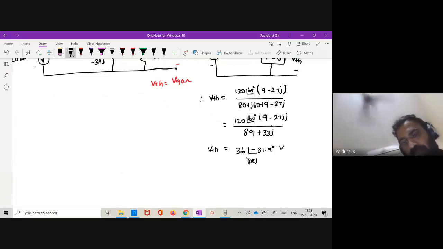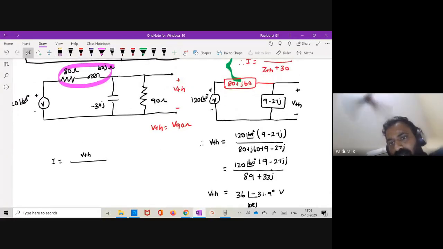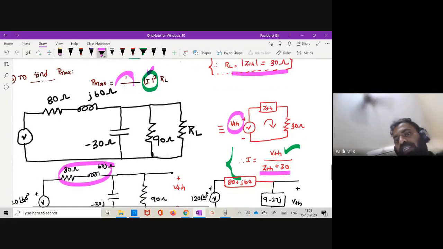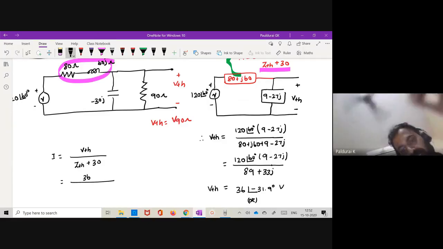But now, what is my I? I equals VTH divided by, after finding VTH, what is the I formula? VTH divided by ZTH plus 30, where VTH take the magnitude 36, divided by ZTH.